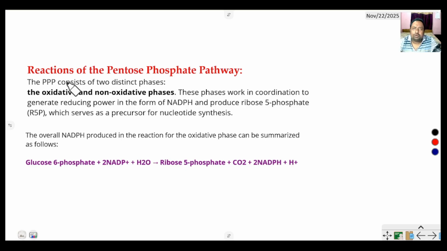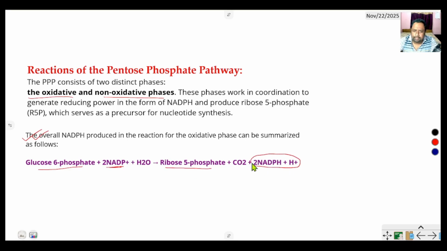The hexose monophosphate shunt occurs in two steps. Number one is the oxidative phase, where the oxidation reaction occurs, and then the non-oxidative phase. The overall reaction of this pathway is where the glucose 6-phosphate molecule is oxidized in the presence of NADP plus and produces ribose 5-phosphate and NADPH and H plus.